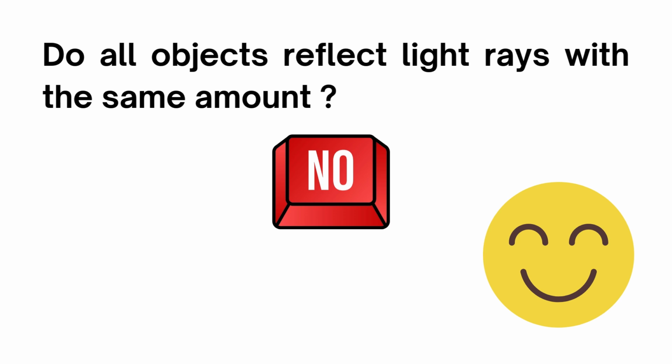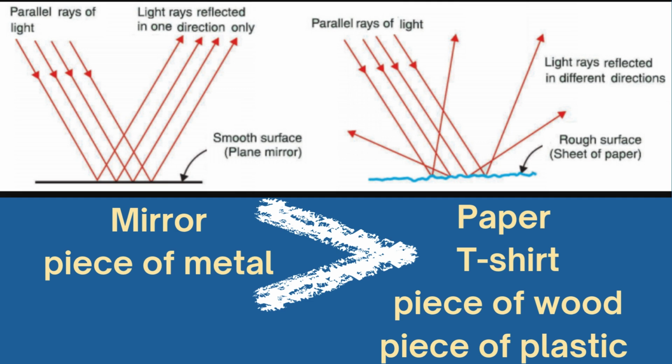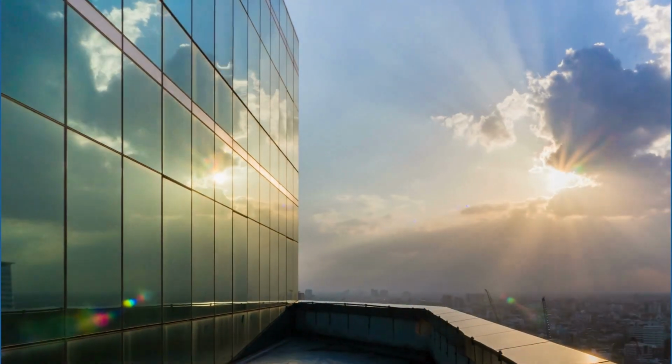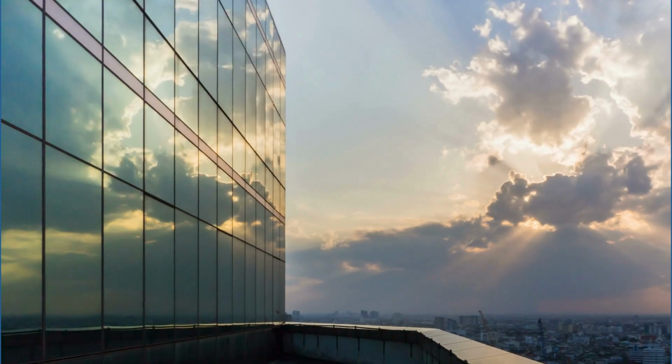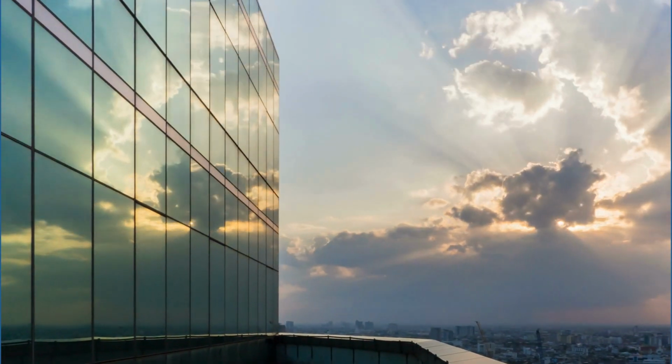We have concluded that the mirror and piece of metal reflect more light than the paper or t-shirt or piece of wood or plastic spoon. So the shiny, smooth materials reflect more light than the rough materials. The reason?